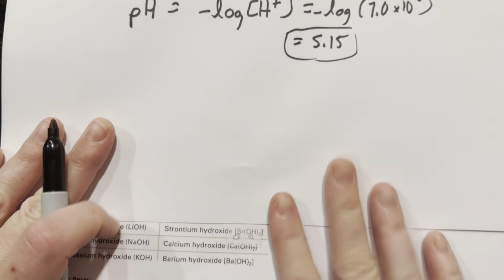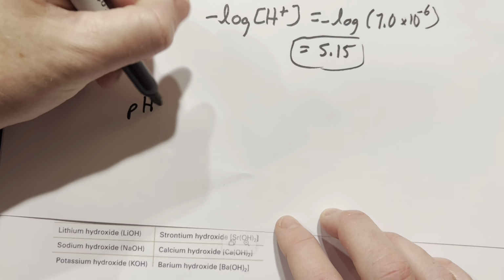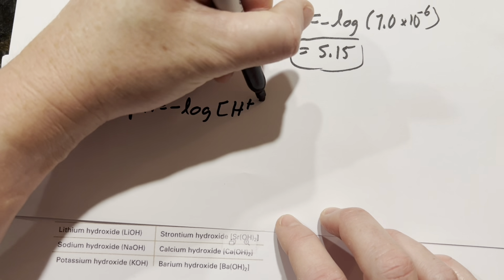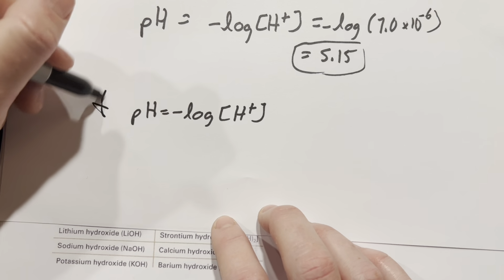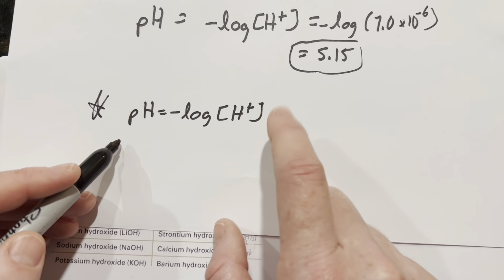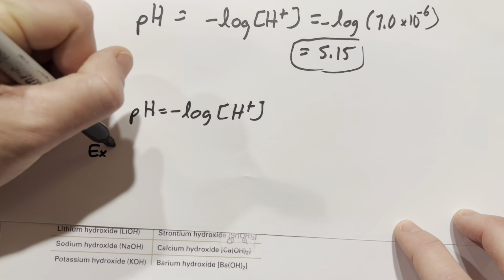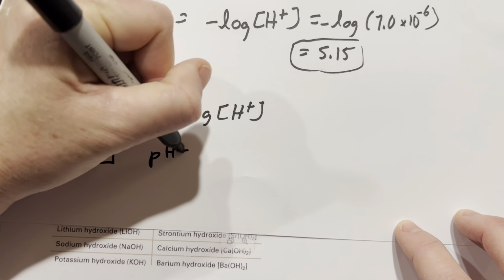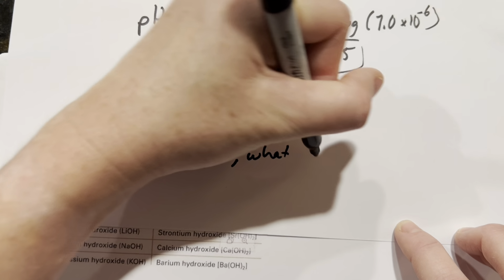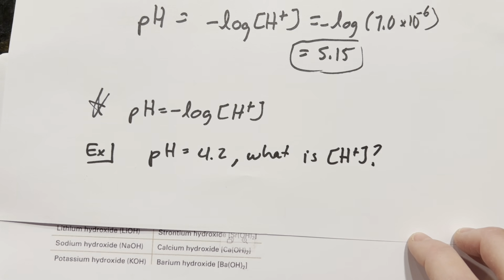One thing maybe we should go over before we get to this problem. We've done a lot of pH. We know the pH equals negative log of the H plus concentration, right? Hopefully we're good with that. But if you want to go backwards, like let's say I give you pH and ask you to solve for H plus concentration. For example, if the pH equals 4.2, what is the H plus concentration?